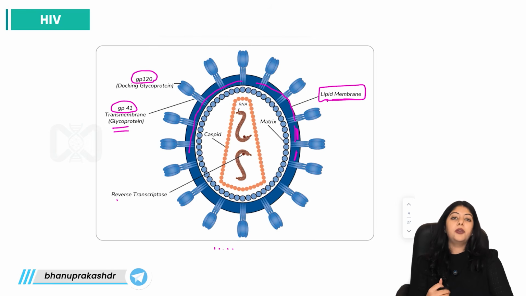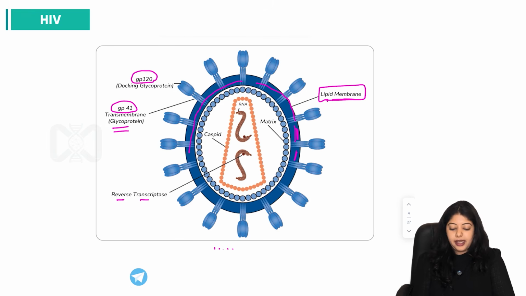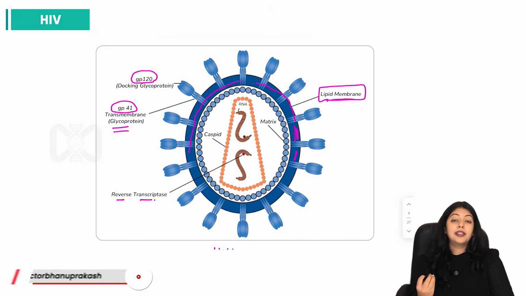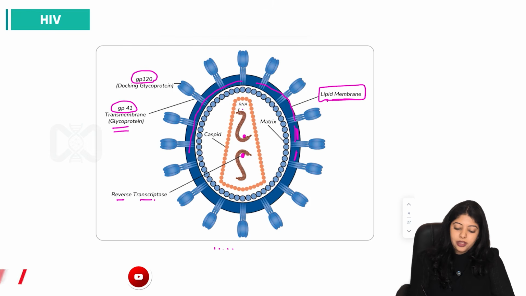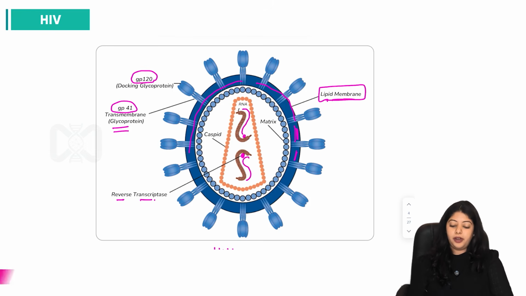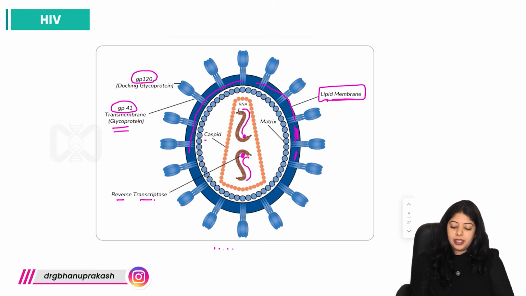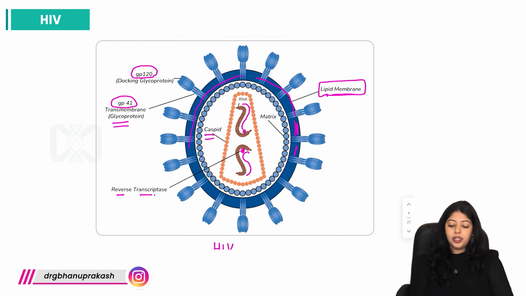We'll be talking about their functions in a later section. Then we said that it has reverse transcriptase, which helps in the synthesis of DNA from the RNA. Of course, two linear strands of RNA. This is the capsid. So these are the important structural components of HIV virus.